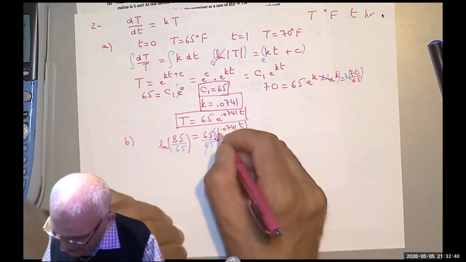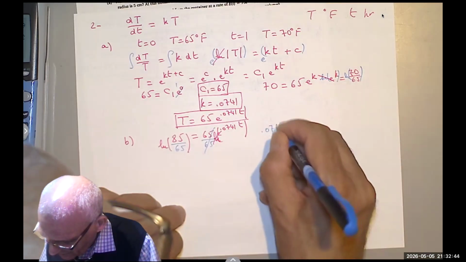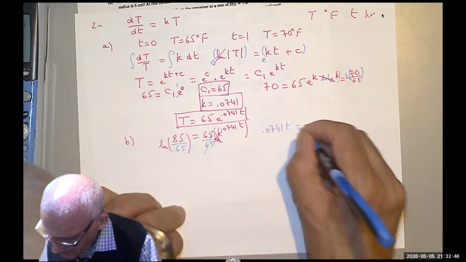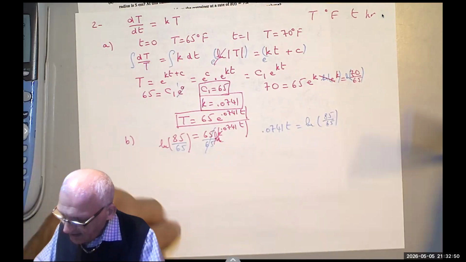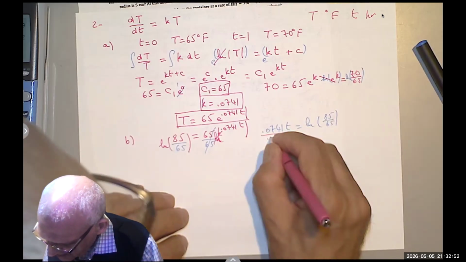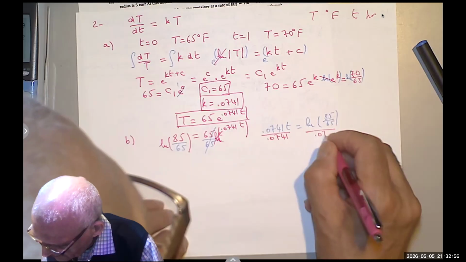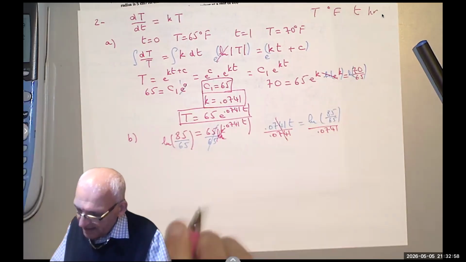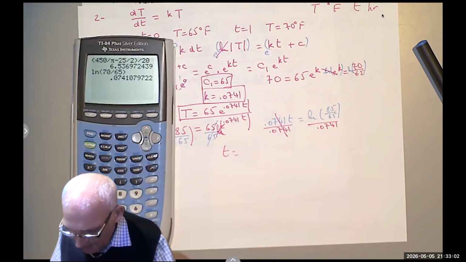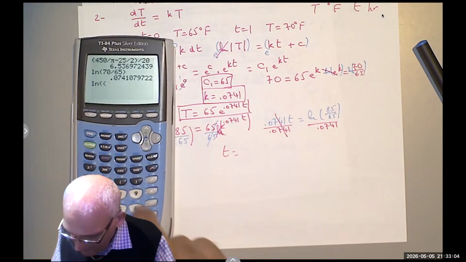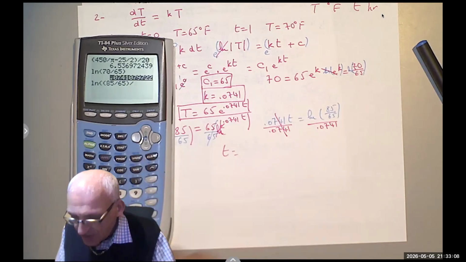So the natural log and the e cancel each other, and I will get 0.0741t equals natural log of 85 over 65. Then I will divide both sides by 0.0741, and I get t equals natural log of 85 over 65 divided by this constant.